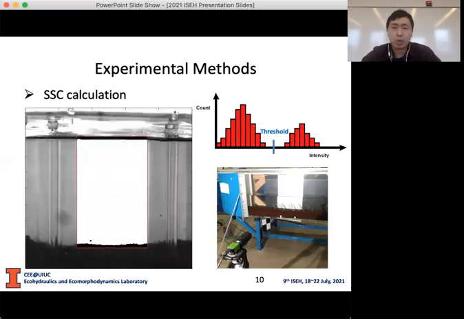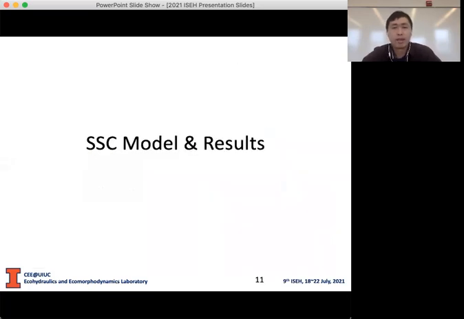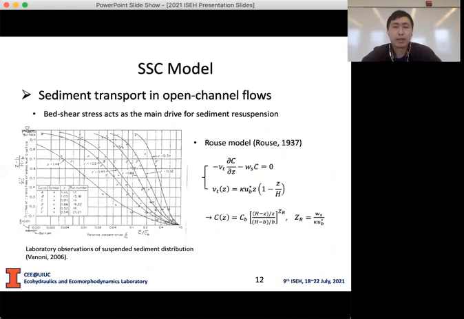Then we set the value 1 as the bed and choose a location close to the bed as the reference concentration. So next, I will discuss how we develop the model for the suspended sediment and present the experimental results against the model prediction.